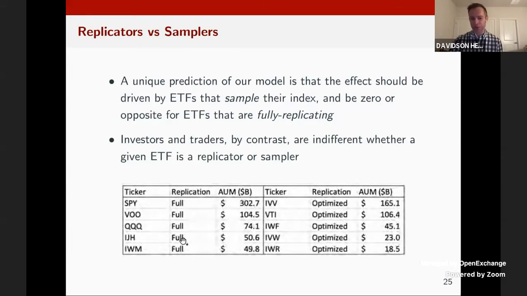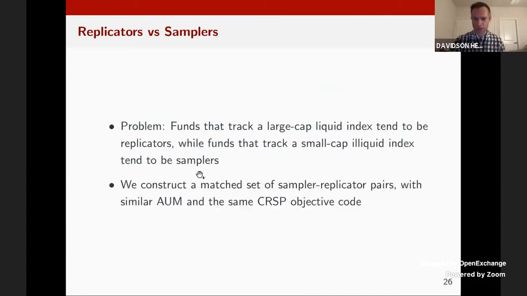These are all fully replicating. This is a set of large optimized, so-called, sampler ETFs. Okay, and you can see that on average they're significantly smaller. And take it from me that they track a more diversified, wider index. Okay, so we have to adjust for the fact that we may be comparing apples to oranges there.